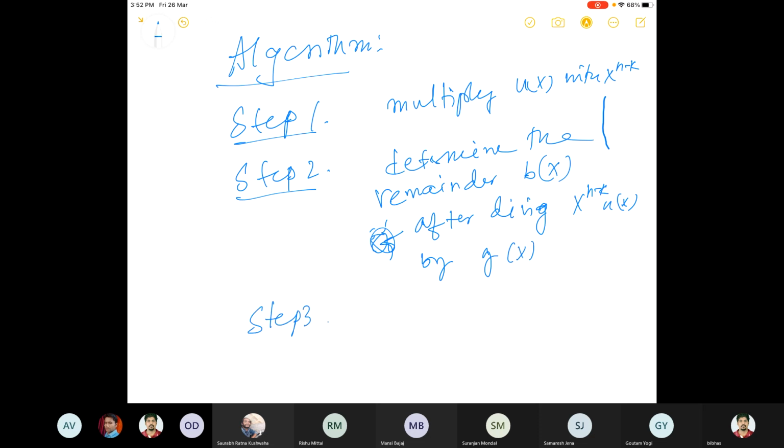And then step 3, then bx here and ux here. That's the code polynomial. Okay, that's it.